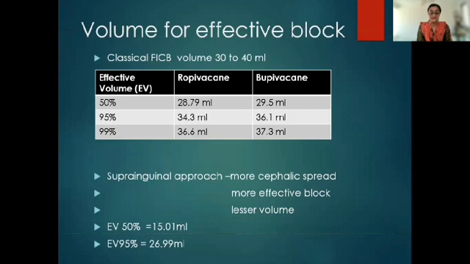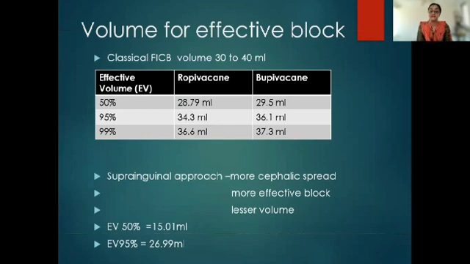Many studies have been done and they have found that the effective volume to get a 50% good block is around 28.79 ml for ropivacaine and 29.5 ml for bupivacaine. To get a 95% effective block, it was around 34 ml for ropivacaine and 36 ml for bupivacaine.